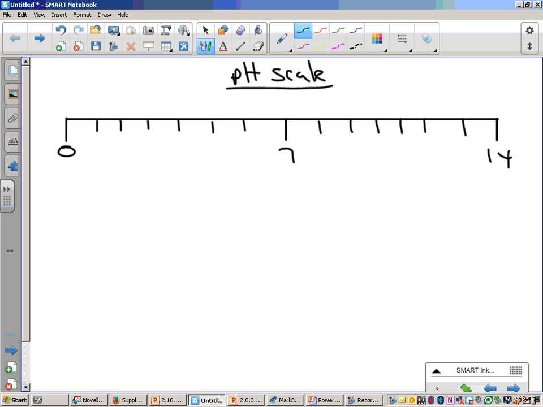And we already know that 7 is neutral. I don't think we need to write that. Well, I guess we could here. Neutral, this is what we would say is basic, and this is acidic. And when it's neutral, we learned about this last year, that the concentration of the H3O plus is equal to the concentration of the OH minus.